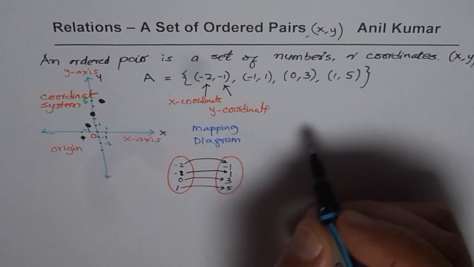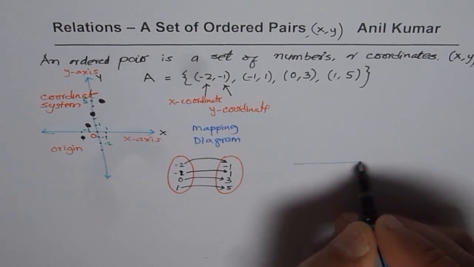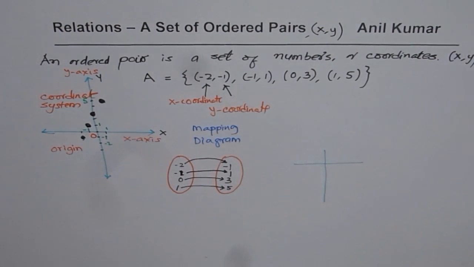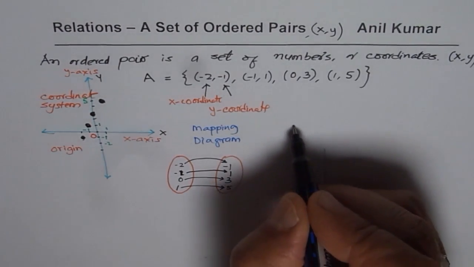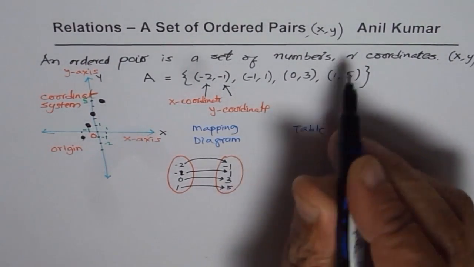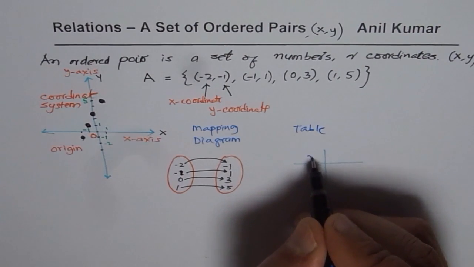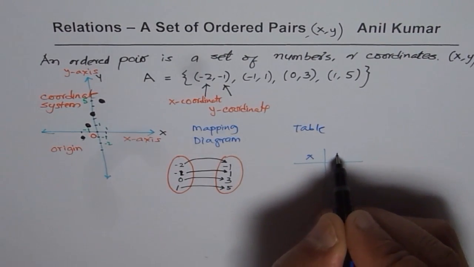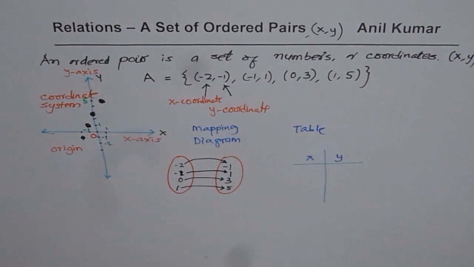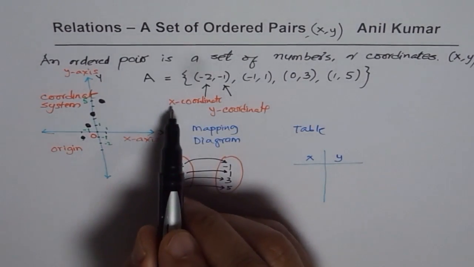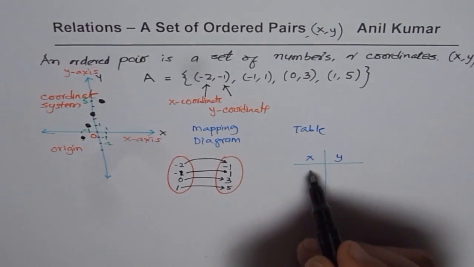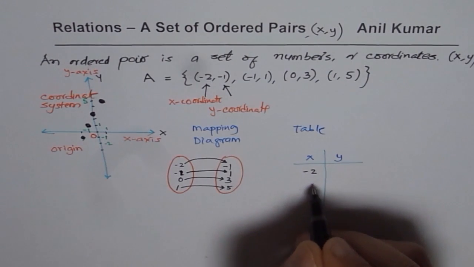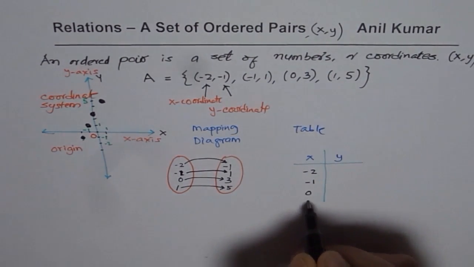The same ordered pair set could also be represented in the form of a table. Let me write it down for you. So we'll make a table now representing the same relation, where x is the input and y is the output. The ordered pairs' x coordinates come on the input side, which are -2, -1, 0 and 1.